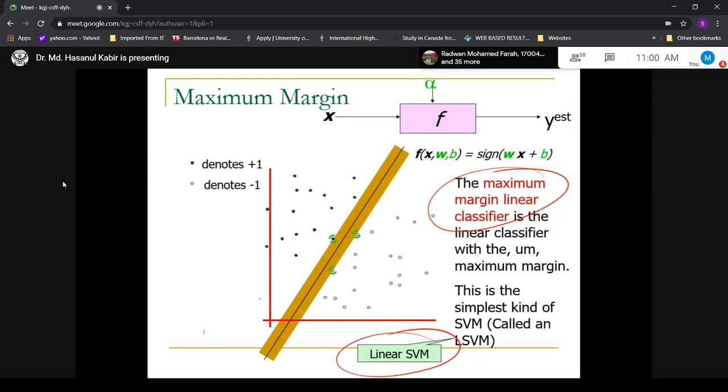How about a line a little to the left? Once you are increasing the margin, you have to increase it uniformly on both sides. And it is going to stop whenever it touches one or several samples from the different classes. Is this clear? Yes, sir, it is clear.